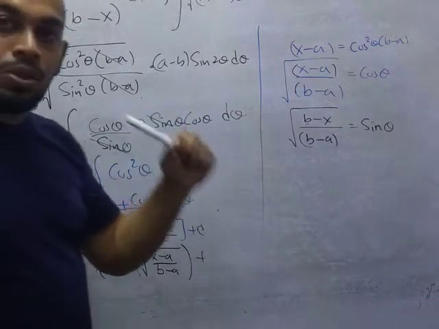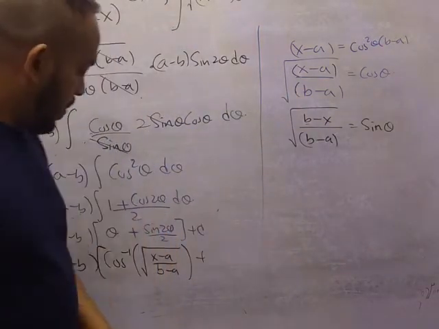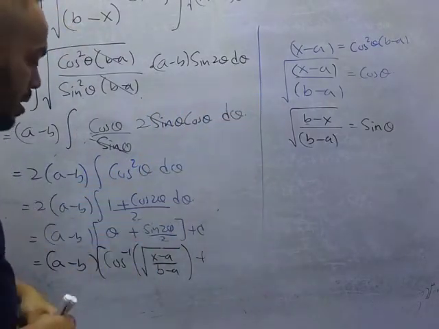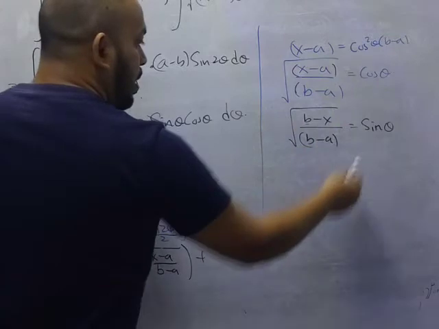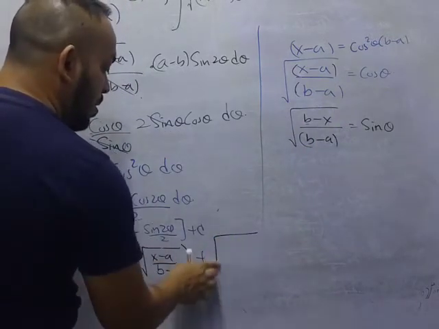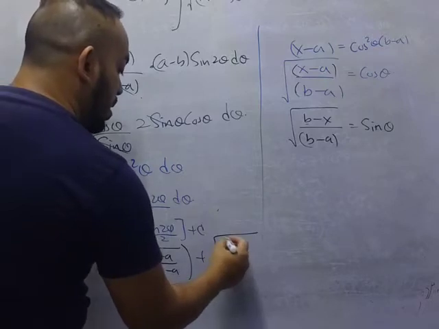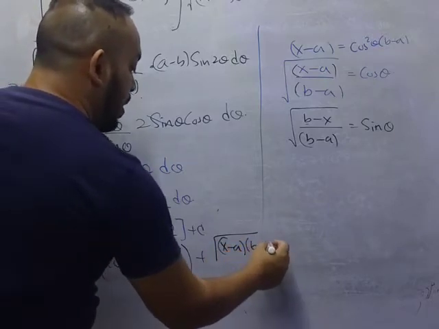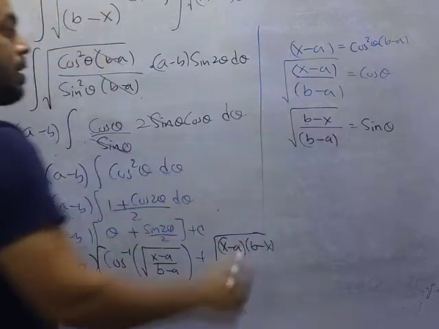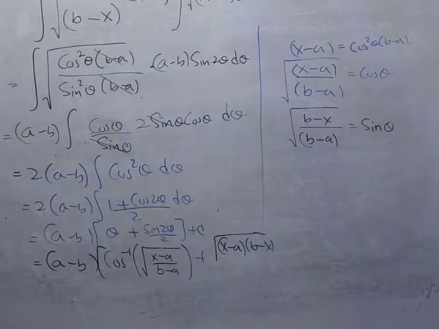Sin 2 theta is 2 sin theta cos theta. When you divide it by 2, the 2 cancels out. Then you have sin theta into cos theta. So sin theta into cos theta is the square root of x minus a into b minus x. When you multiply these two, they become b minus a.